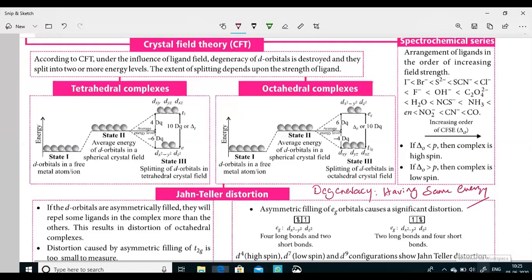This is the state when the ligand is far away from the metal ion. When the ligand is approaching the metal ion, what happens? Repulsions will take place between the metal ion as well as the ligand.